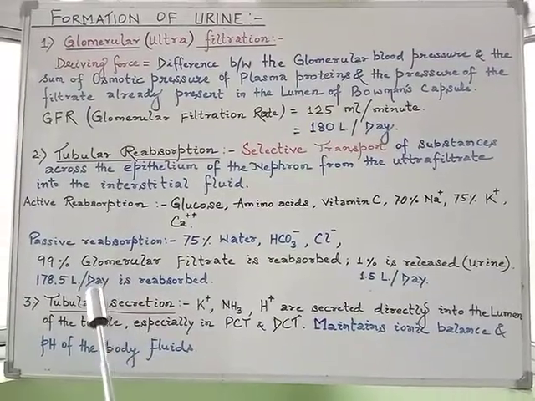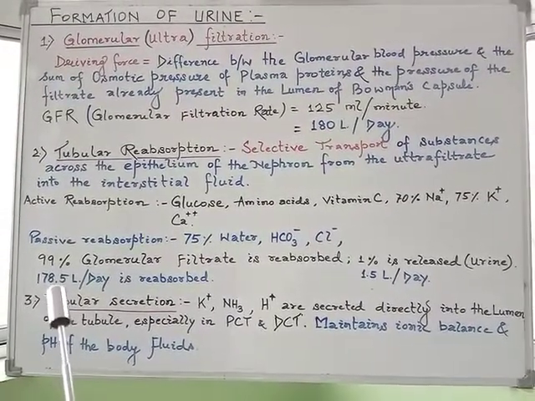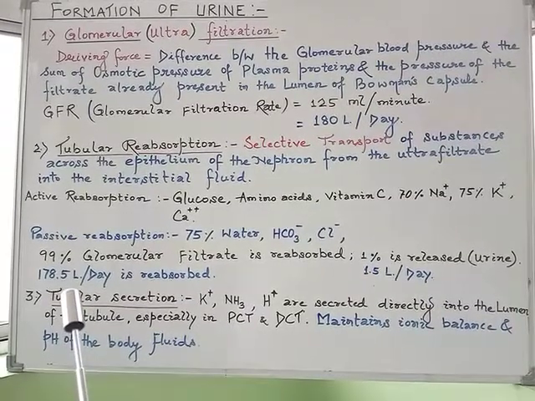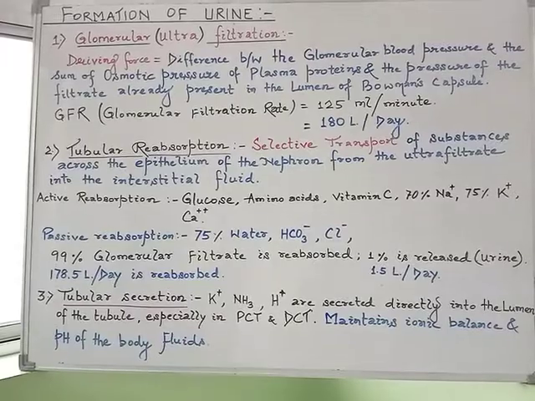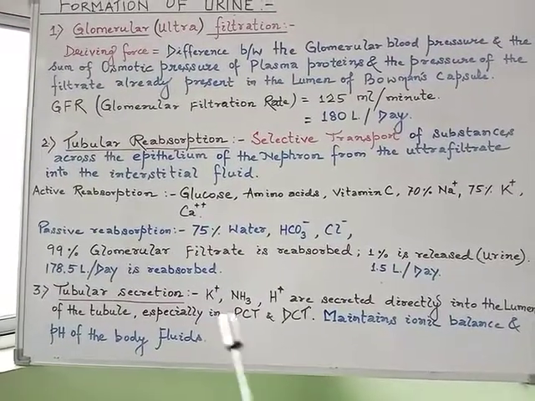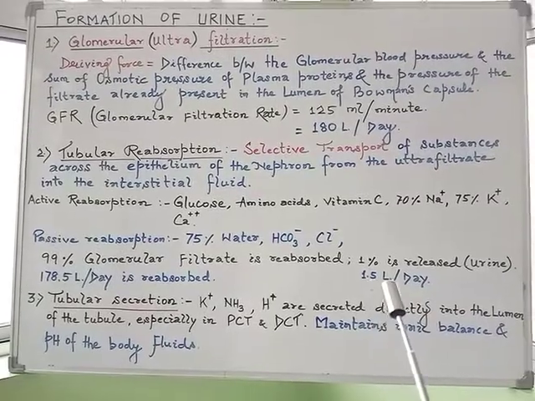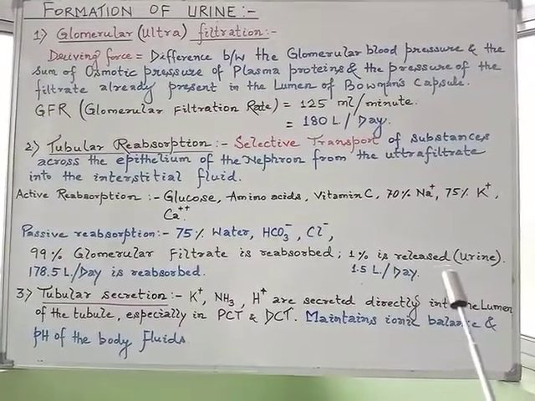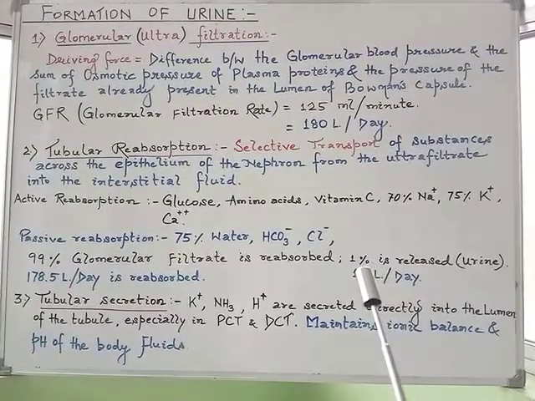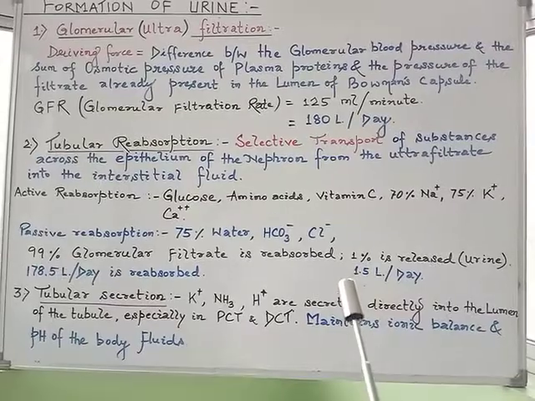So 99% of 180 liters would be about 178.5 liters, and it is reabsorbed back, whereas 1%, about 1.5 liters per day, of urine would be released from the body of a normal adult healthy person.